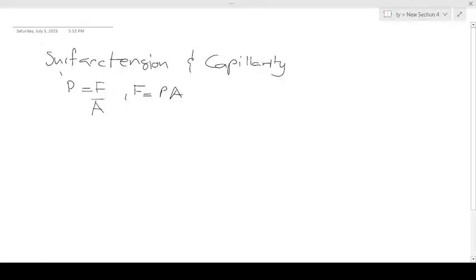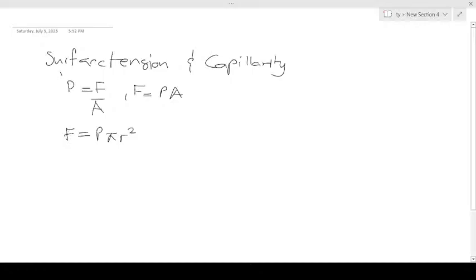So if we consider a fluid, the pressure being P, the area would be, let's say the fluid is in a cylindrical container. Then the force due to pressure in the fluid will be P times pi r squared. And also, we can say the force due to surface tension. Surface tension acts at the surface of the fluid, and it acts opposite to the direction of the force that is due to internal pressure in the fluid.